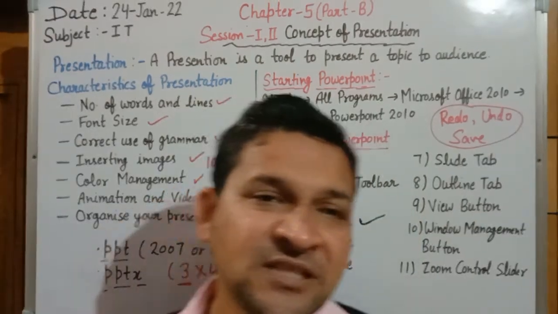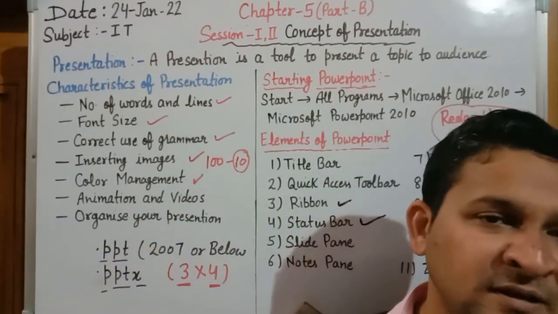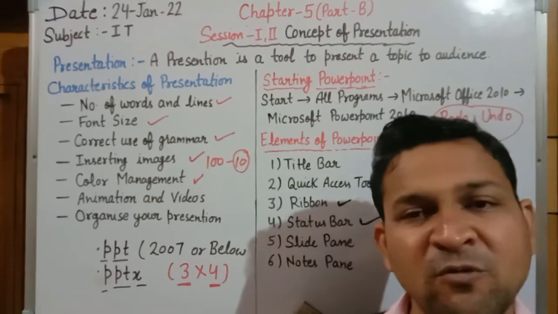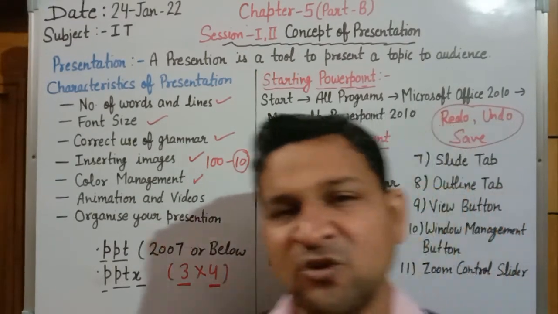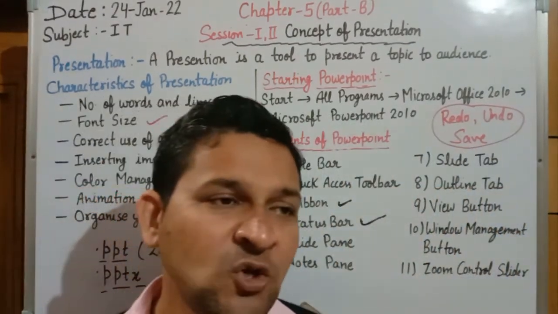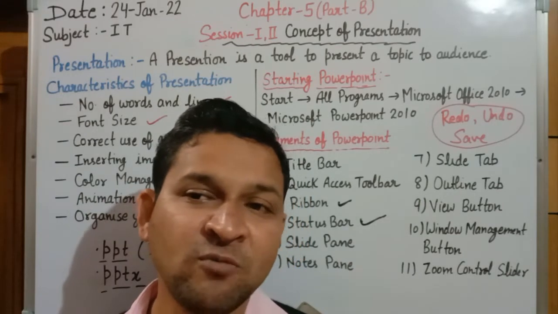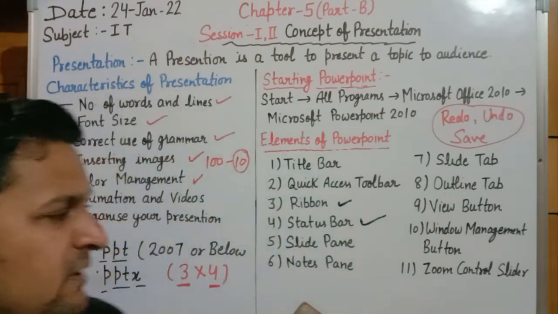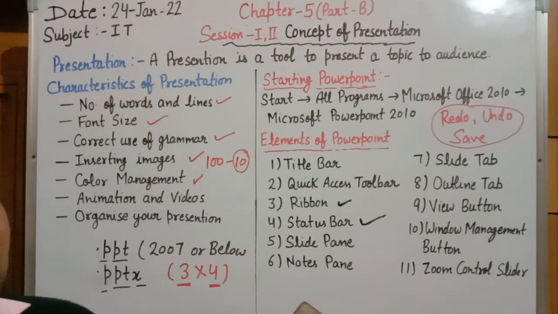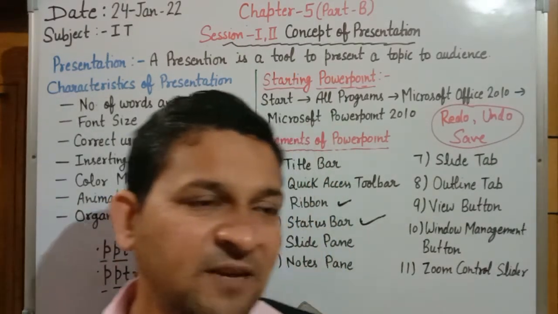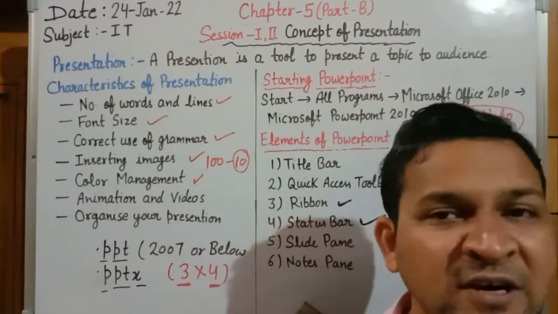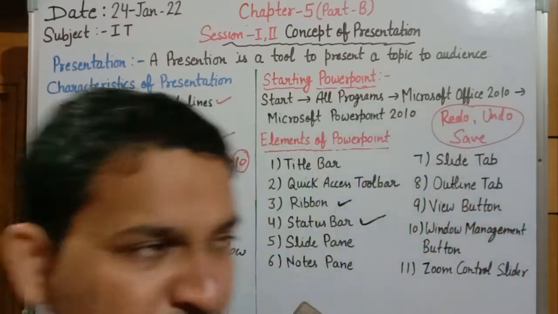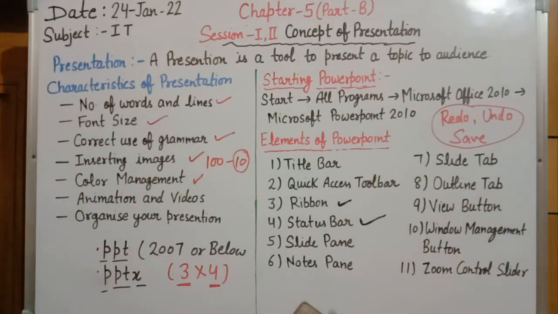Notes pane is just like notes in the form of speaker notes. Like you are making a presentation, you want to give some hints, you want to make speaker notes. So the notes pane will help to make the speaker notes, that will help to explain in front of the audience as a description. What is to be described you can write in the notes pane.